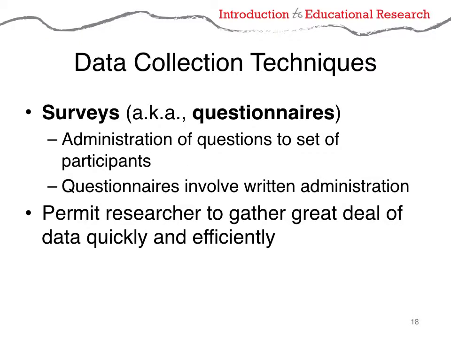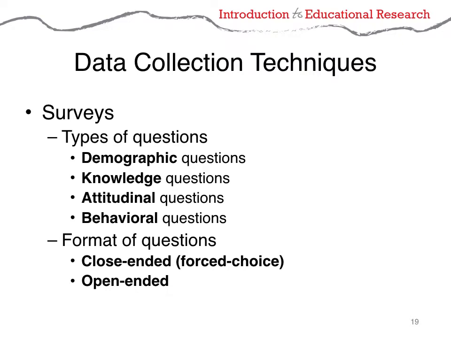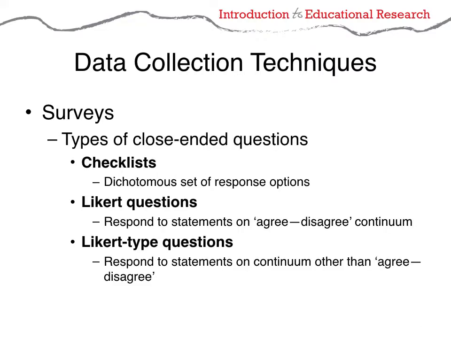Some of the ways we collect data: surveys, aka questionnaires. We may ask questions of participants. This might be written, it might be online, it can be quick. It could be demographic data, knowledge questions, attitude, behavior. They could be close-ended. You can think about a multiple choice question. Or they could be open-ended, looking for someone's opinion, how they felt about something. They could just write.